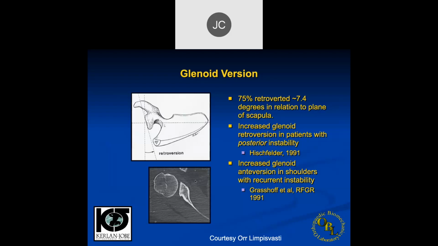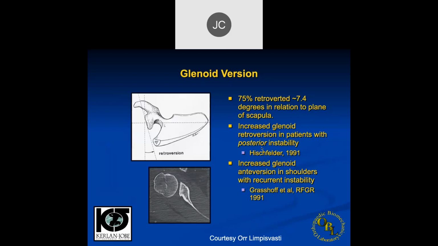As you look at glenoid version, the way you define it really is in a cadaver, you take out the scapula and you look at the angle between a line drawn along the long axis of the scapula and the face of the glenoid, which we see here. 75% of a large group of patients were retroverted, an average of about 7.4 degrees in relation to the plane of the scapula.